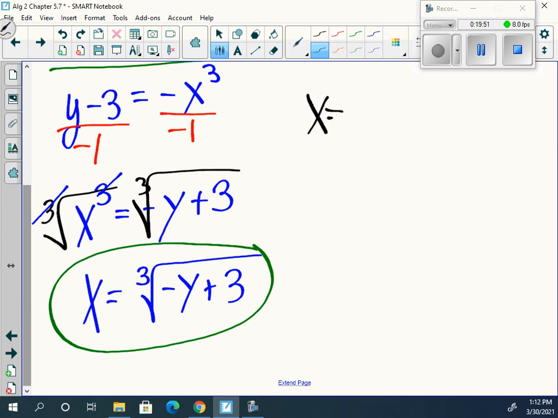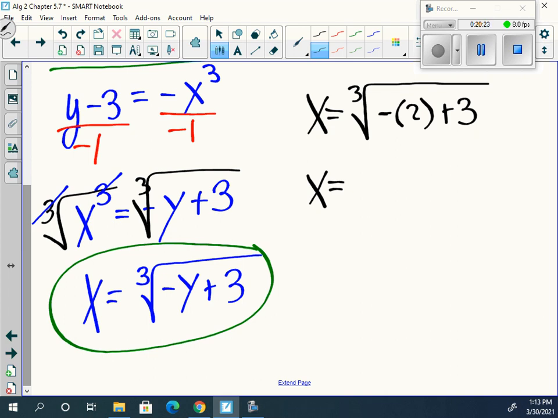And it does ask for the output, or the input when the output is 2. So we got to plug 2 in for the output to figure out what the corresponding input for it is here. Now at this point here, I would just type this into the calculator and see what it gives you.